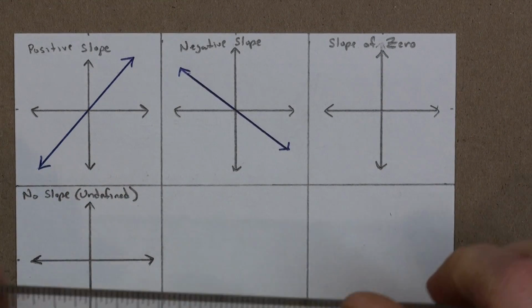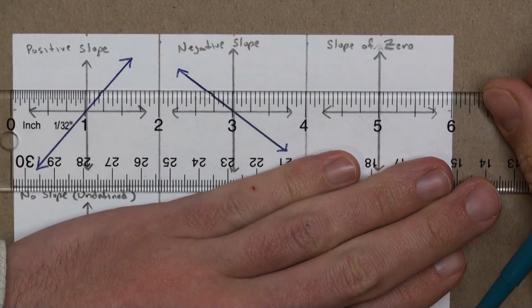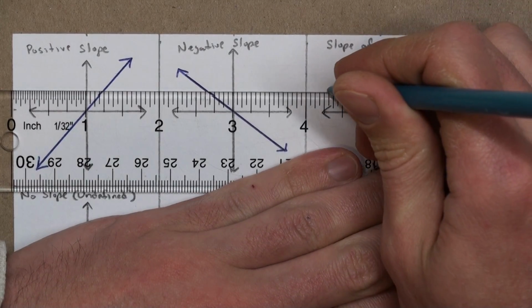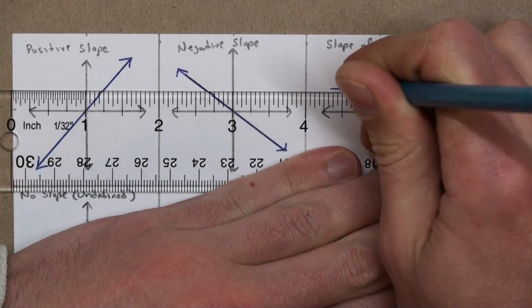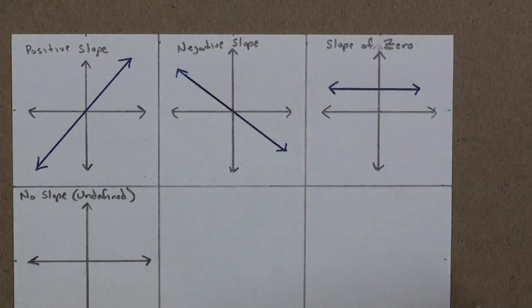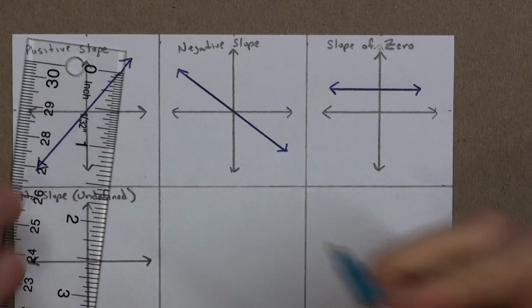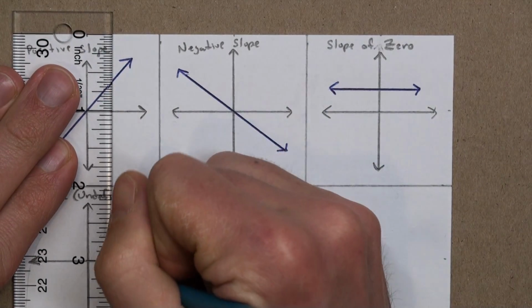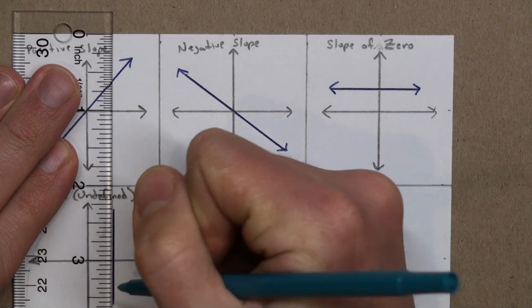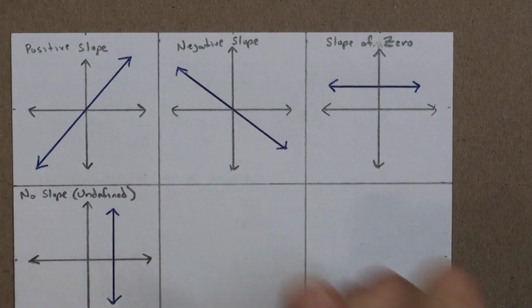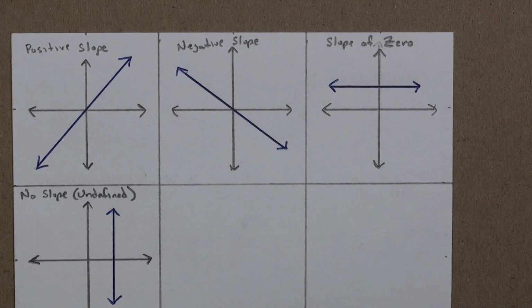A slope of 0 is a flat line. An undefined slope is a vertical line. Like that.